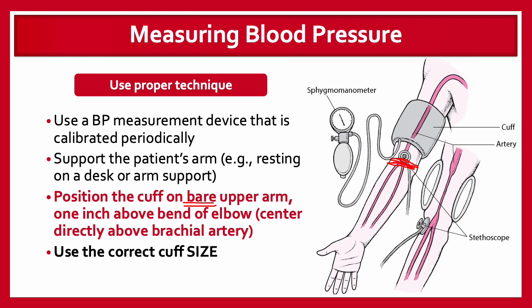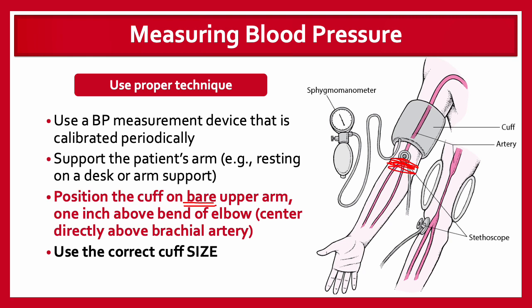And also important is choosing the correct cuff size. If you use a cuff that is too small for someone, say you have a larger patient and you use the same cuff that you use on everybody else, it's going to measure a little higher than it probably is, because that cuff being tight on them is creating extra pressure. Vice versa, you want to use smaller cuffs if you have a particularly smaller patient, like myself.